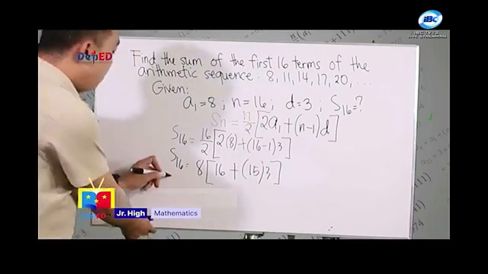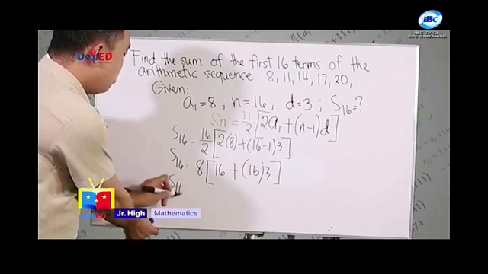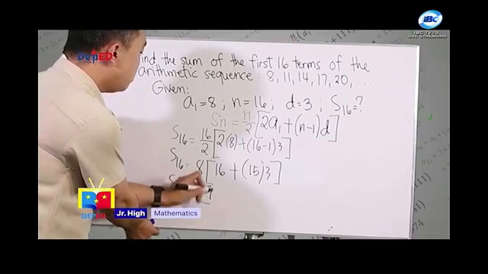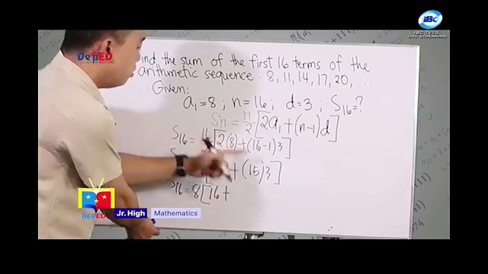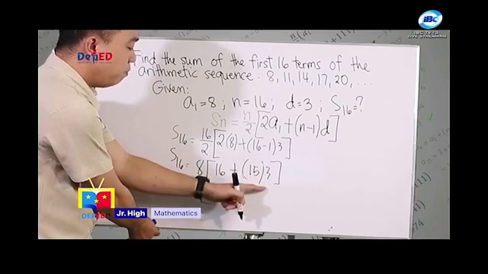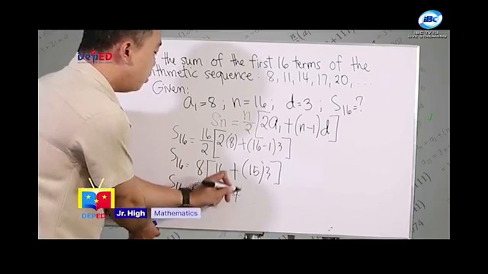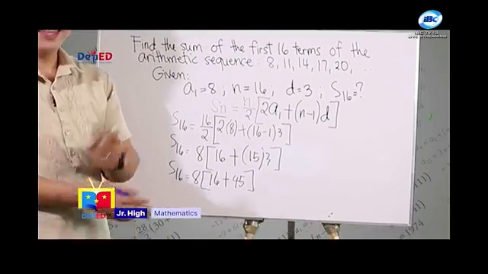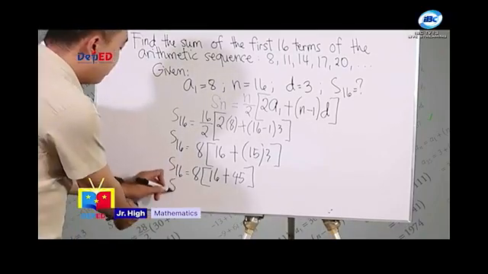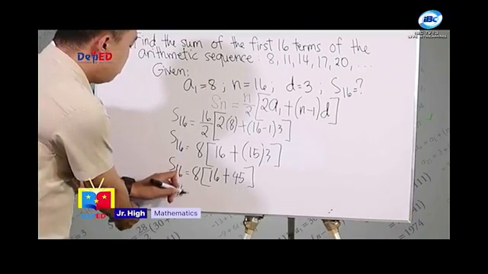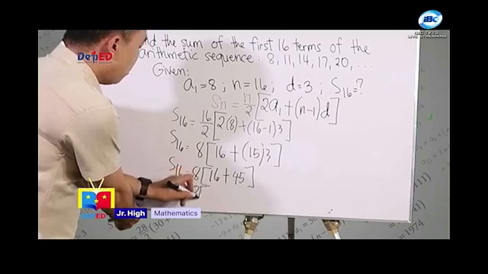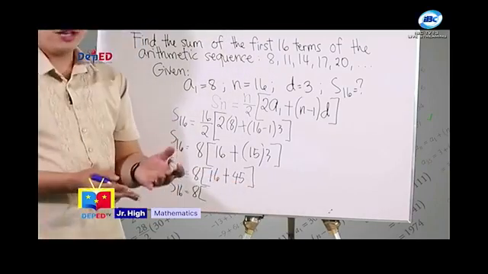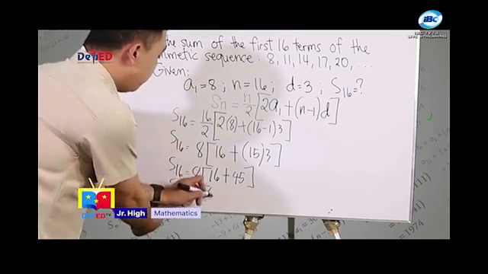Next, we will have S sub 16 is equal to 8 times the quantity 16 plus 15 times 3 will give us 45. Next, we'll have S sub 16 is equal to 8 times the quantity of 16 plus 45 will give us 61.